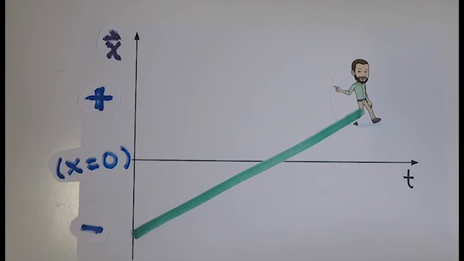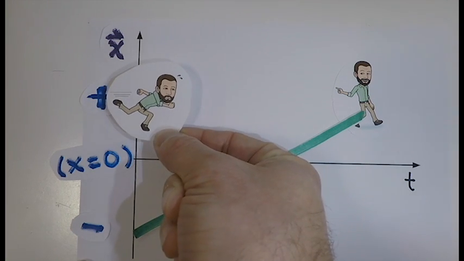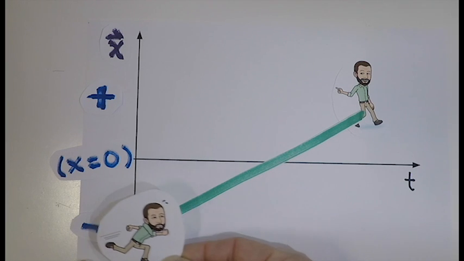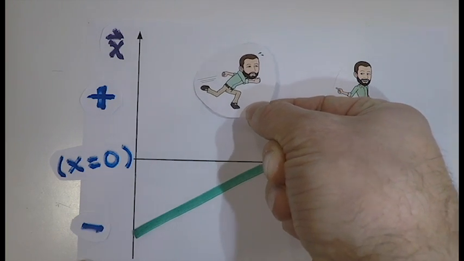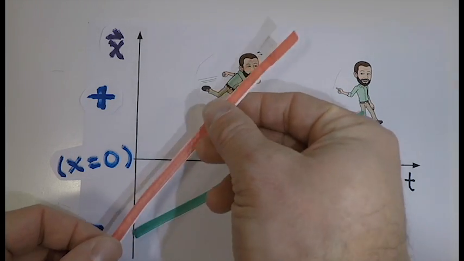Suppose that instead of strolling from the negative position to the positive, I decide to run. Well, I should still end up going to the positive position, but it shouldn't take me nearly as much time to do so if I'm running. So I should be able to travel from the negative to the positive position in a shorter period of time. And as such, my graph will look something like this.